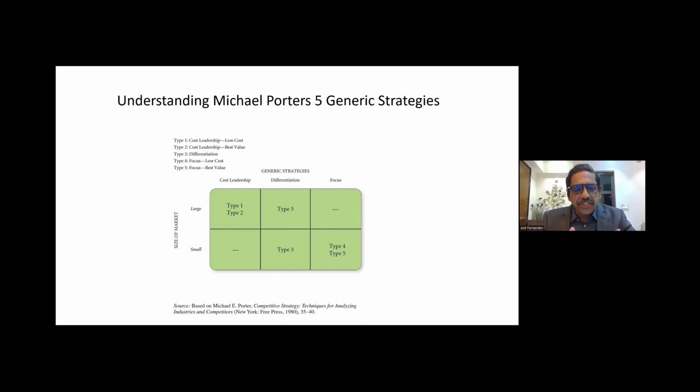So you are very efficient in your value chain. You have optimal utilization of all your resources. And by virtue of it, you establish a cost leadership which gives you a distinctive competitive advantage. So that is the type 1 strategy.